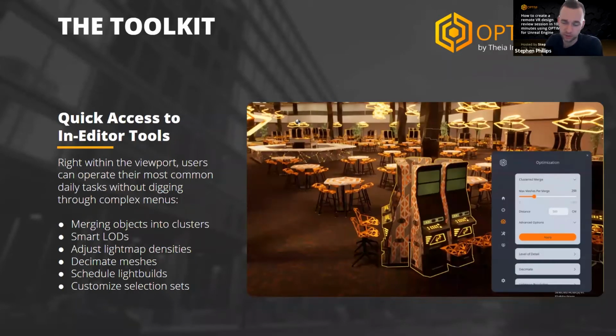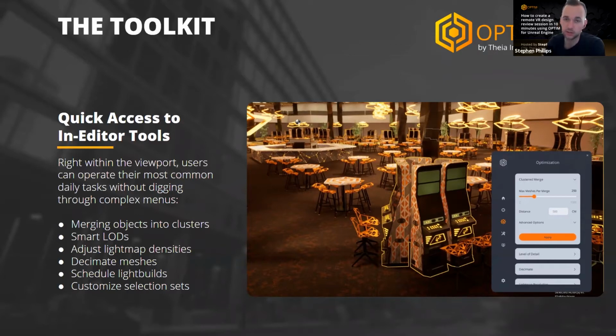What we're going into a little more detail here for the live demo is going to be our in-editor toolkit. So regardless of how you have your content coming into Unreal Engine, there's going to be some tweaks and changes that you need to make to it along the way. So the Optim in-editor toolkit is aimed at simplifying the Unreal Engine. And we do that by offering a really easy interface for a lot of your common daily activities in the editor.